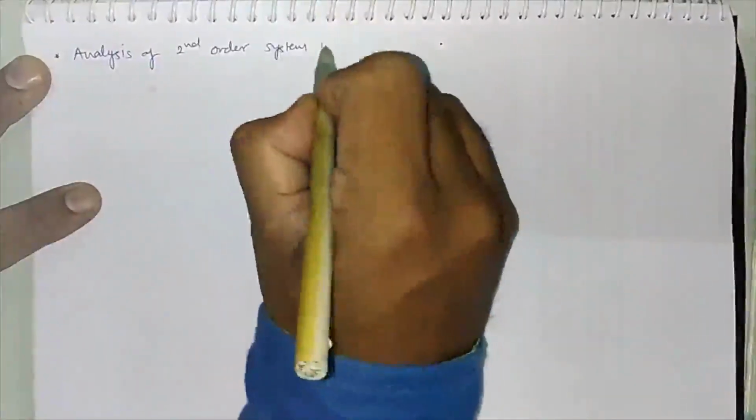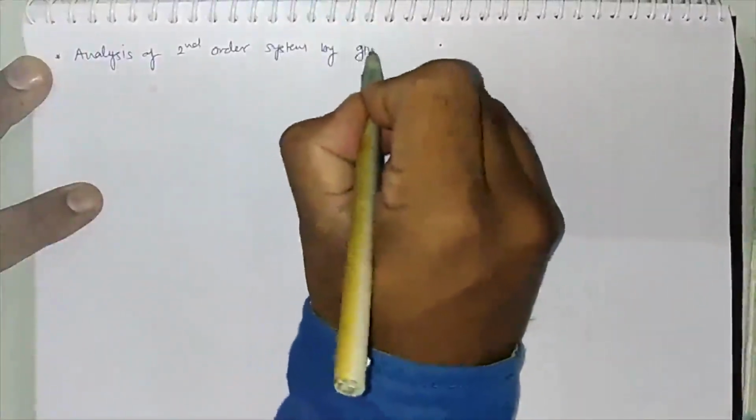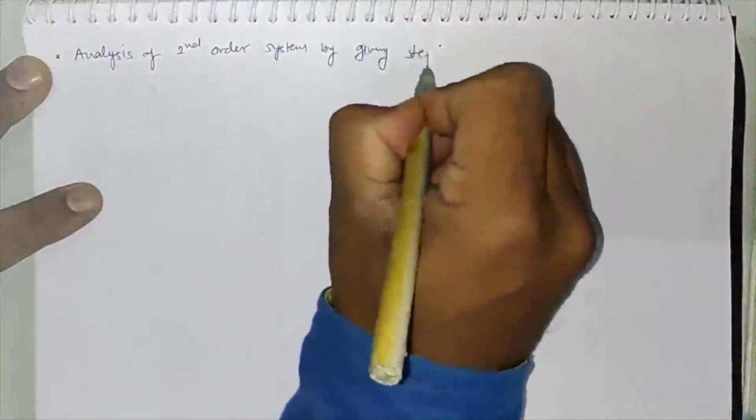Now I want to analyze the second order system by giving the step input. Okay, so I will take one system, making the title: analysis of second order system by giving step input.